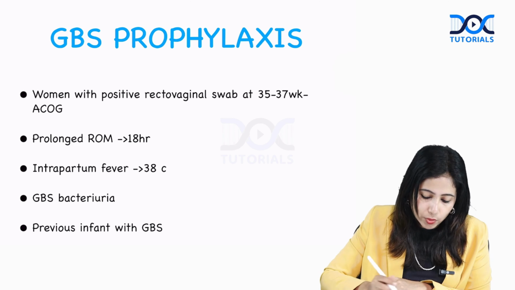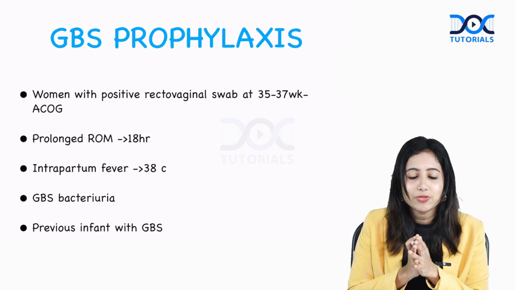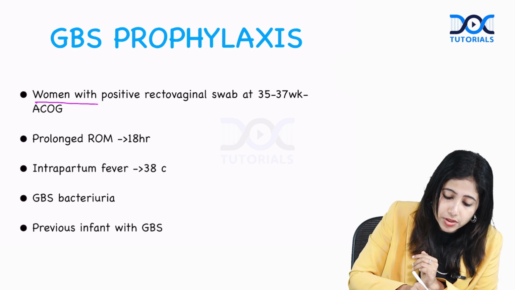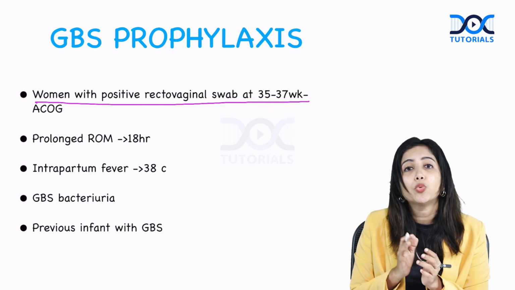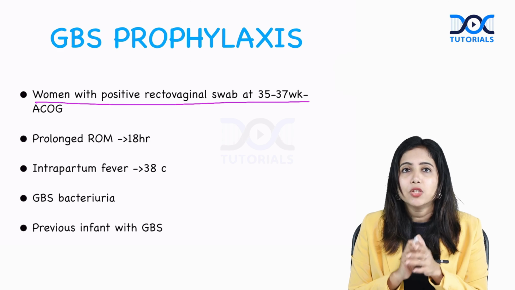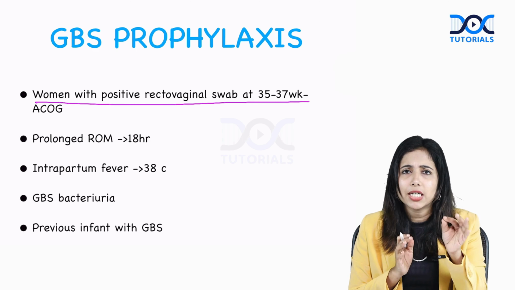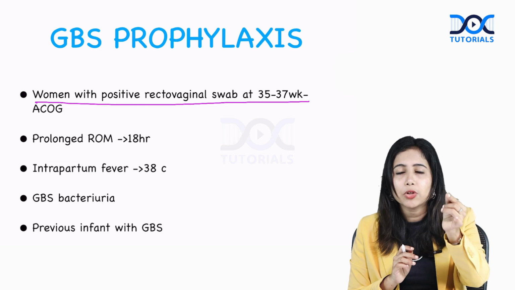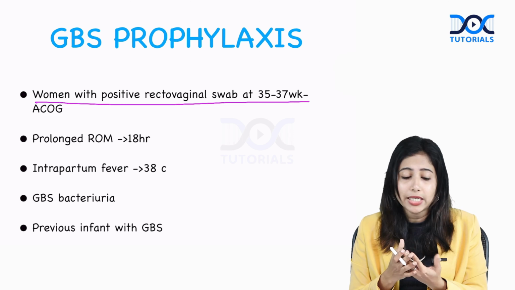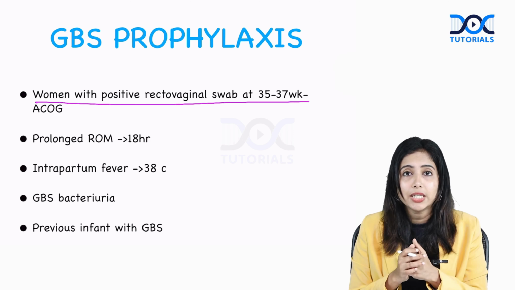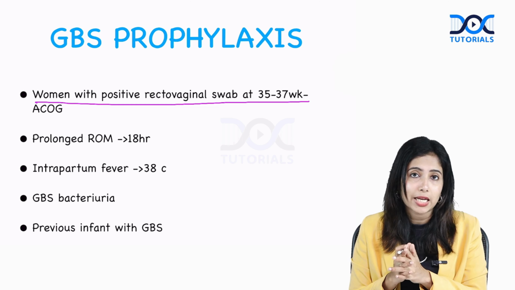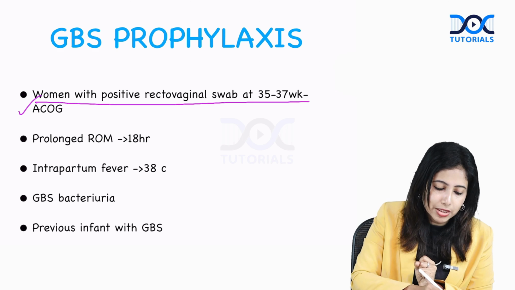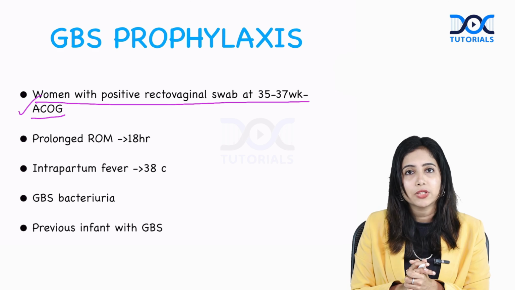All right. So as we are discussing, when will I give GBS prophylaxis? First is a woman who presents with a positive rectovaginal swab between 35 to 37 weeks. I put in a swab, took out the cervicovaginal secretions, and we tested for that and it came out positive. Then we have to give GBS prophylaxis. This is what the latest ACOG guidelines, American College of Obstetrics and Gynecology, are saying.